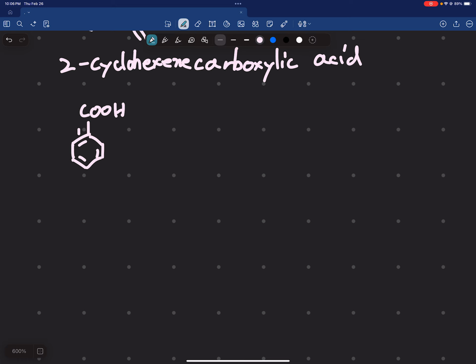If we had another COOH group here, this will be 1,2-benzenedicarboxylic acid. I'm not going to write it out, but you get me. If we had a COOH group here, this will be 1,4-benzenedicarboxylic acid.